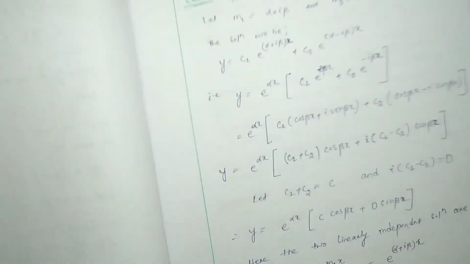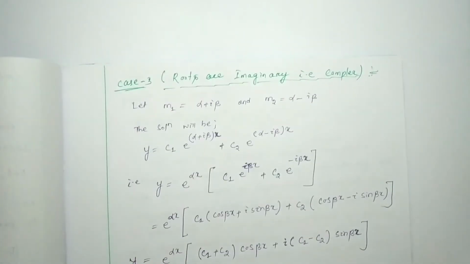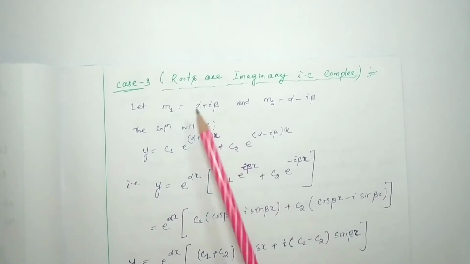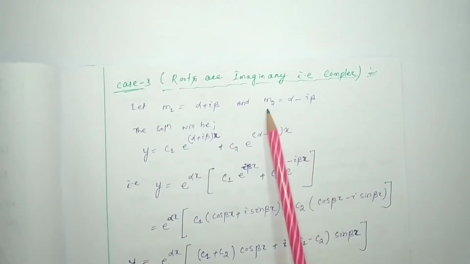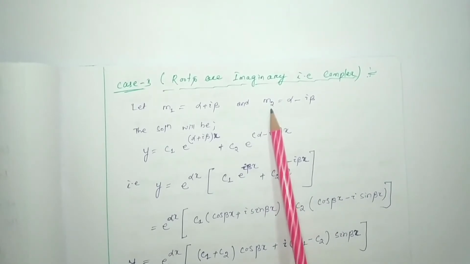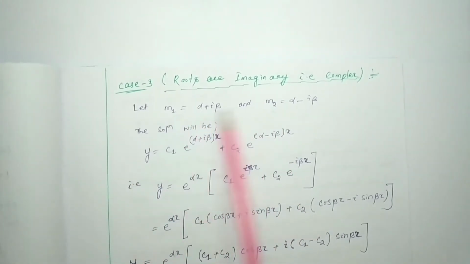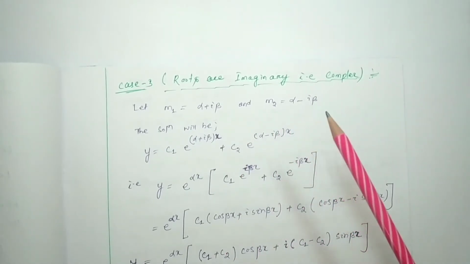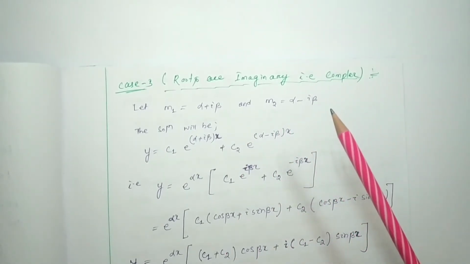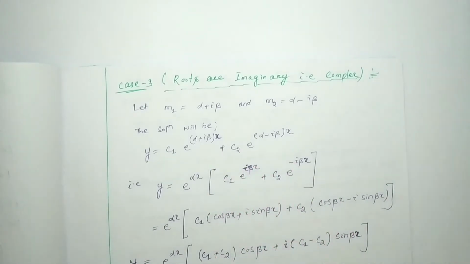Now we have to consider the case where both the roots are imaginary. Let m1 be alpha plus i beta and m2 be alpha minus i beta. As both are unequal, their Wronskian will not be equal to 0, and they are going to be linearly independent.